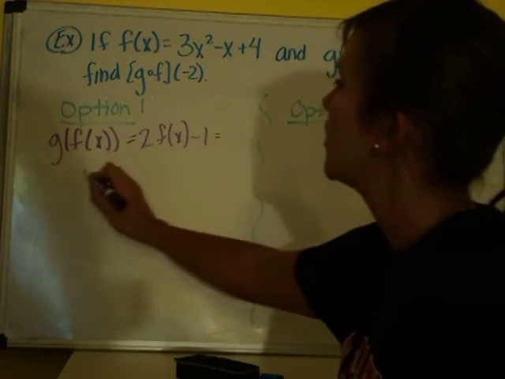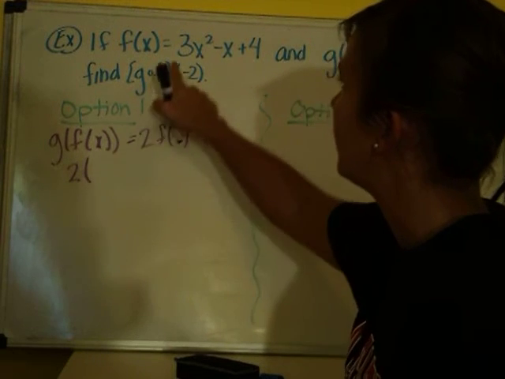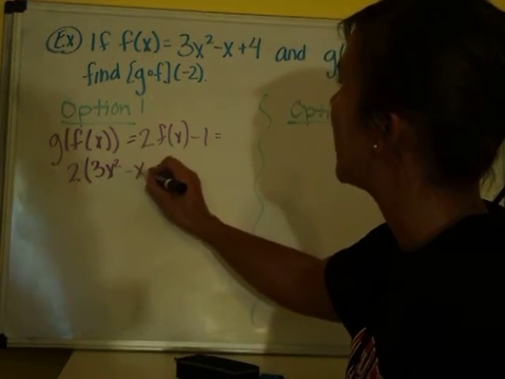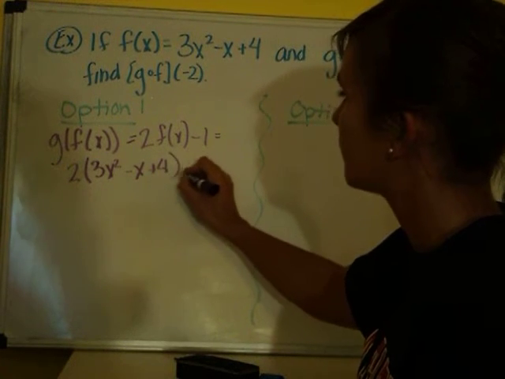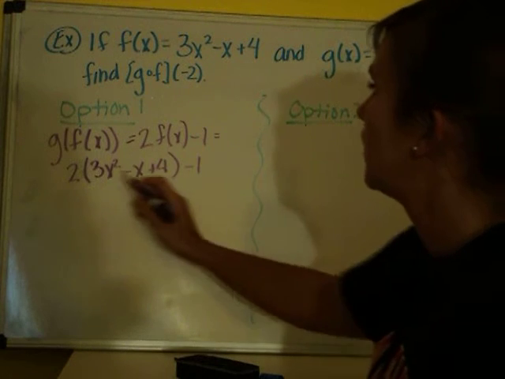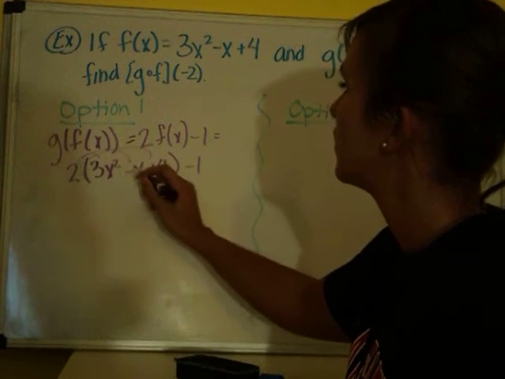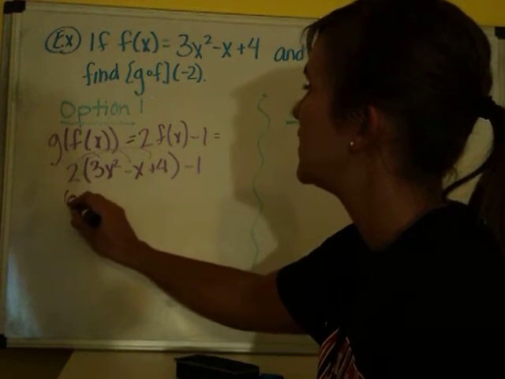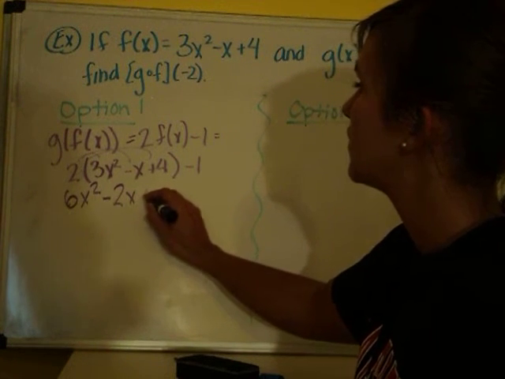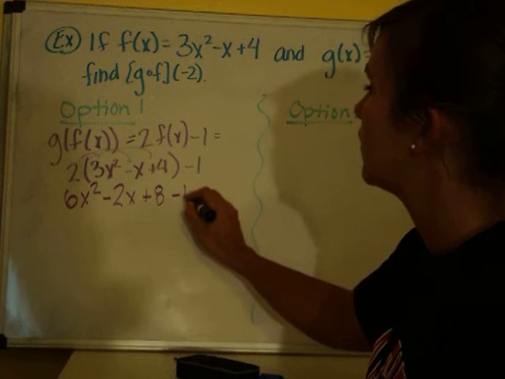So I'm going to have 2 times f of x, which is 3x squared minus x plus 4, minus 1. I distribute, which gives me 6x squared minus 2x plus 8 minus 1.